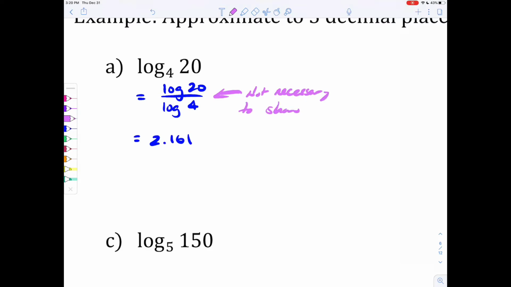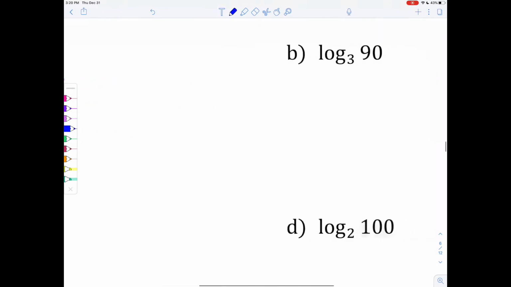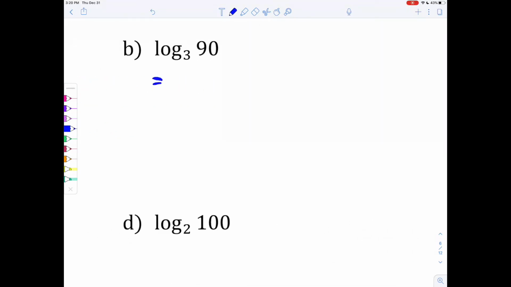In our next example, working similarly, I might just speed through these because they're all very much the same. So we've got, let me write this a little smaller, log of 90 over log of 3. Again, you don't need to show that, but you do need to be able to say that this is that value there.